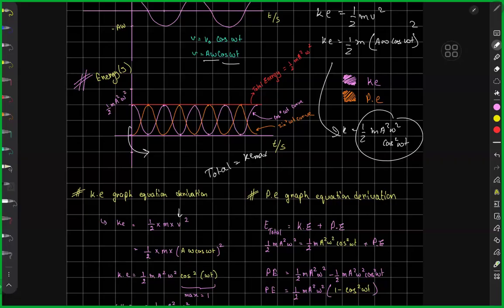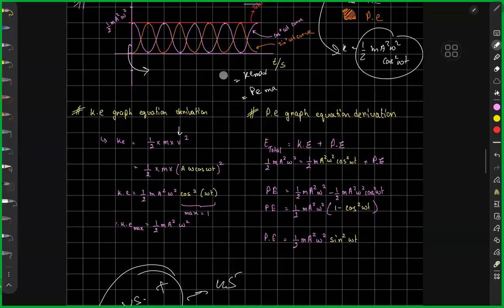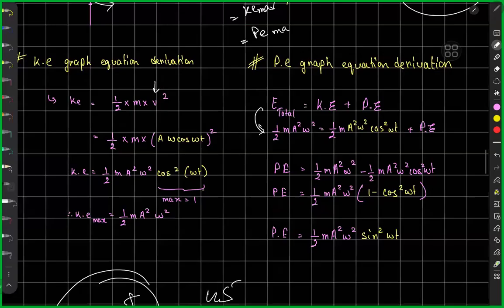I can define total energy as KE max, or I can also define total energy as PE max. Whatever the maximum kinetic energy the bob can have, and whatever the maximum potential energy the bob can have, both denote whatever the total energy the system has consistently through the journey. Okay? So now can I define the total energy as KE max like over here? Yes, I can. But by the way, what is the maximum kinetic energy? The maximum kinetic energy is simply this.